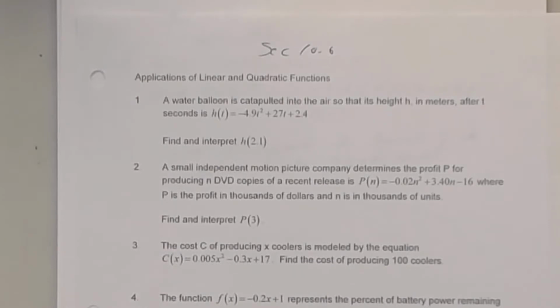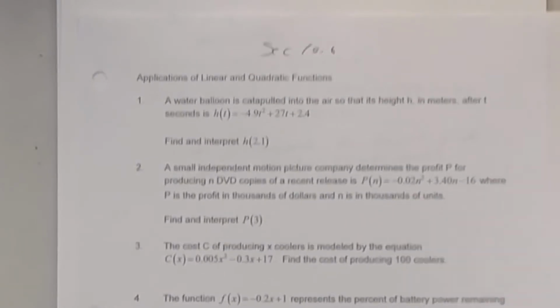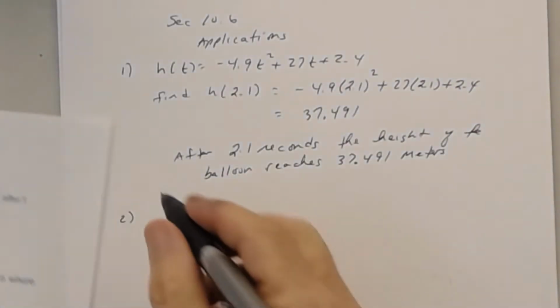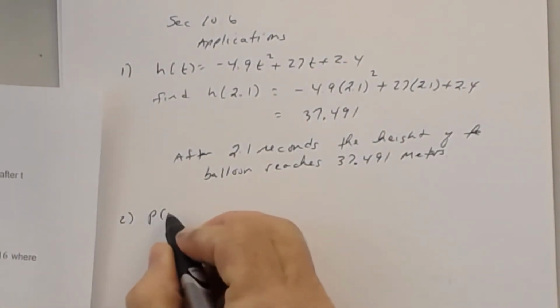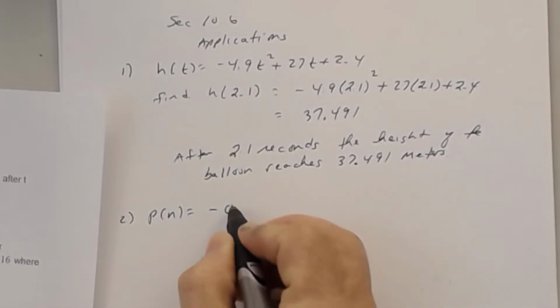And N is in thousands of units. So P is in thousands of dollars and N is in thousands of units. And then the question is find and interpret P of 3. So let me write down the function. So P of N is this function.